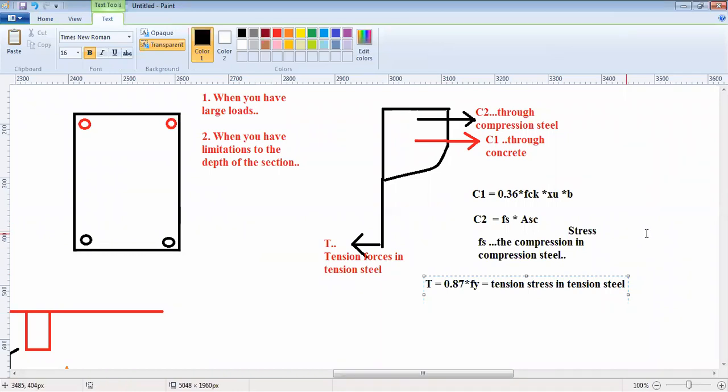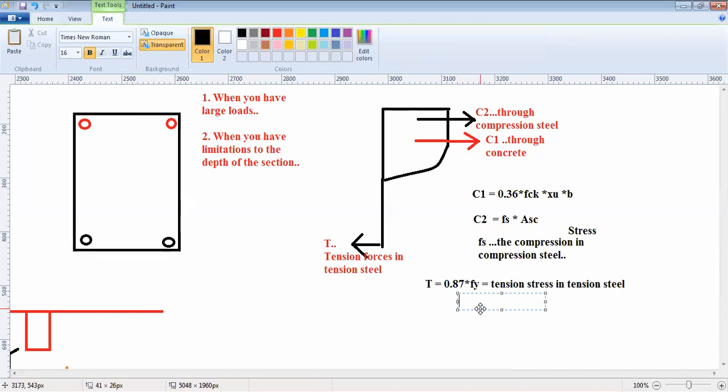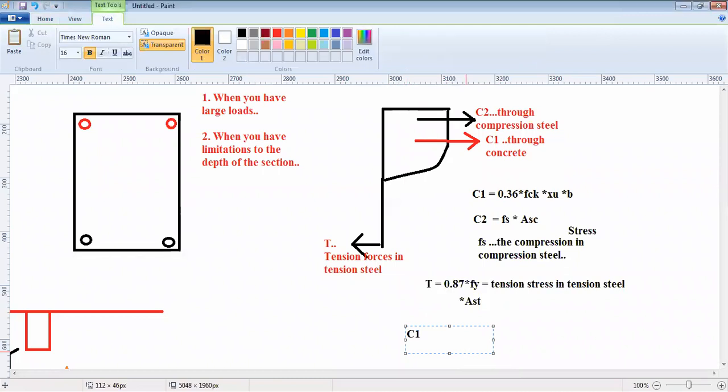Now, why is Fs equal to 0.87 Fy? This is 0.87 Fy into Ast. T is 0.87 Fy into Ast. Now for a balanced section, C1 plus C2, all the forces on the compression side will be equal to the forces on the tension side.